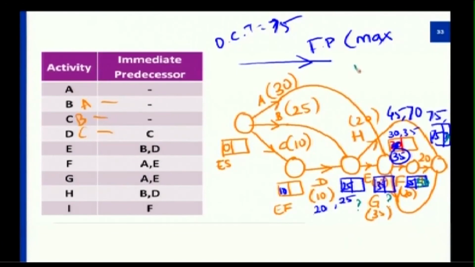Now look at the independent paths available in the entire network diagram. The independent paths are A, F, I, or B, E, H, or B, E, F, I. The other paths would be C, D, E, F, I, or C, D, H, or C, D, E, G. Although there exist so many independent paths, certainly one of them must be the critical path.